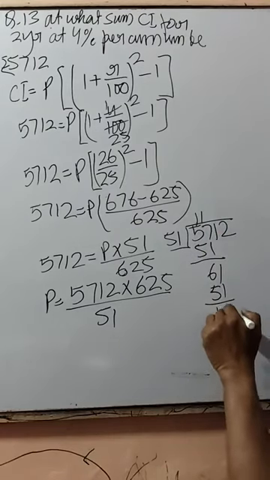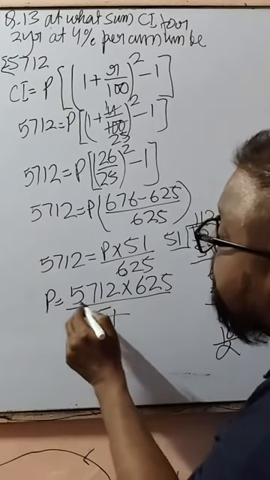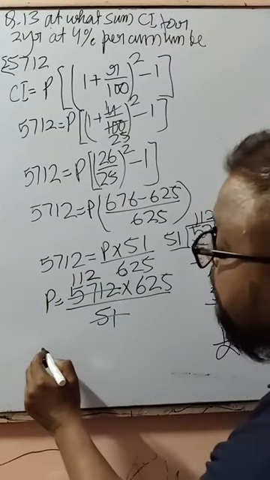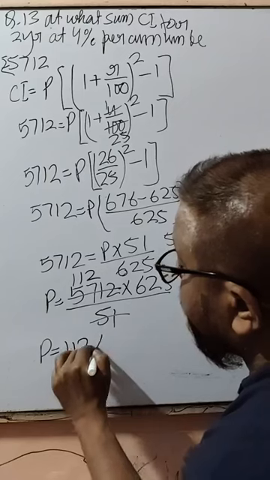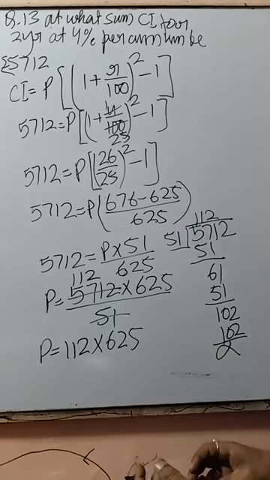So it is 112. Now P is equal to 112 into 625. How much will you get?